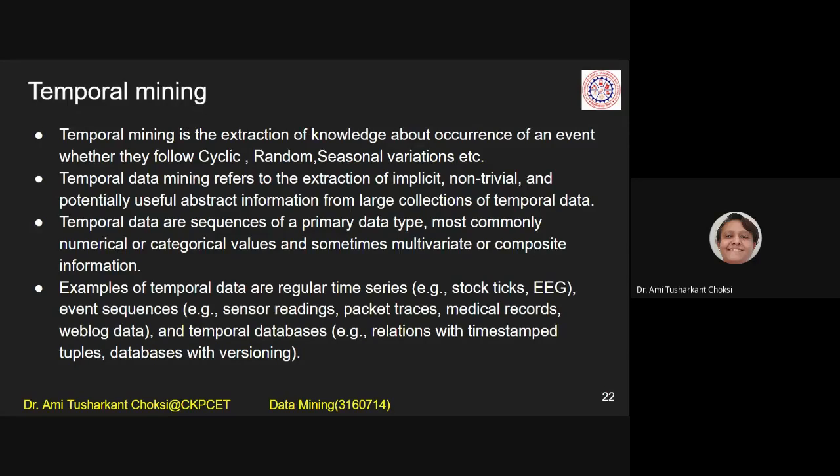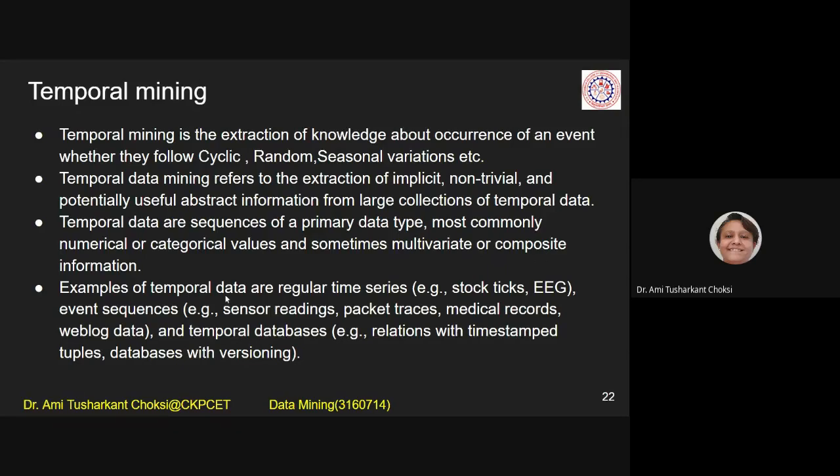We already know. Let me remind you. Temporal data are sequences of a primary data type, most commonly numerical and categorical values, and sometimes multivariate or composite information.